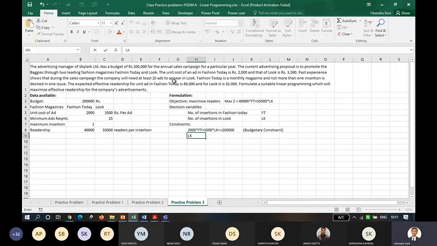So that means for Look, it has to be greater than or equal to 25. Minimum ads requirement for Look magazine.